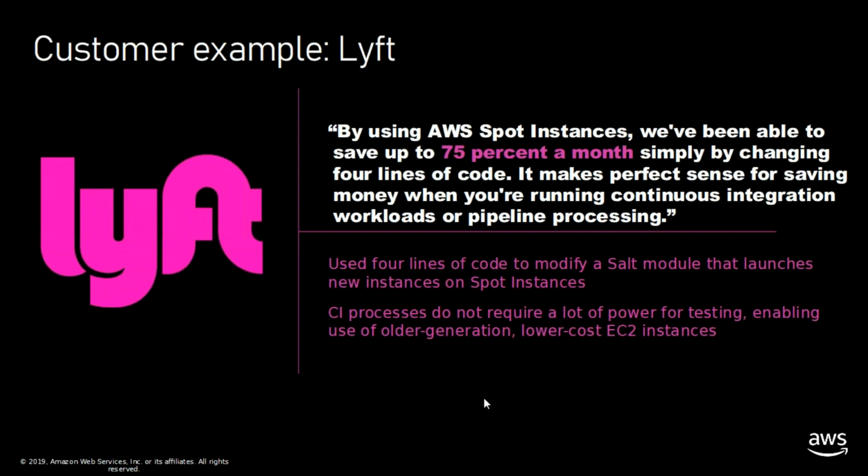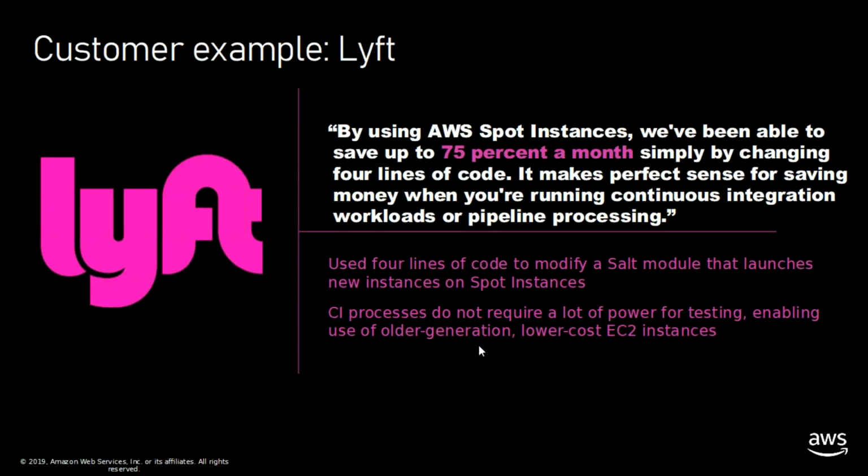So this is a customer example. By using AWS spot instances, we've been able to save up to 75% a month simply by changing 4 lines of code. It makes perfect sense for saving money when you're running continuous integration workloads or pipeline processing.